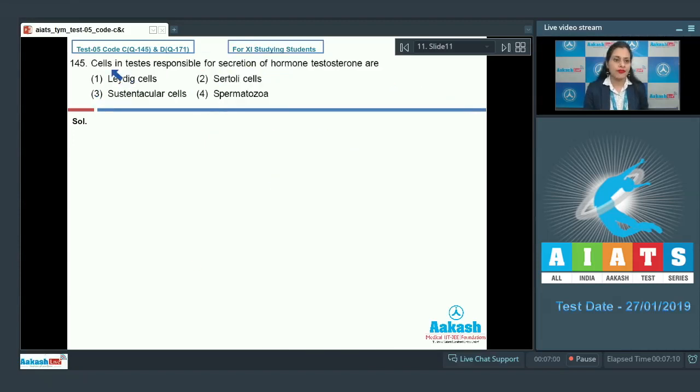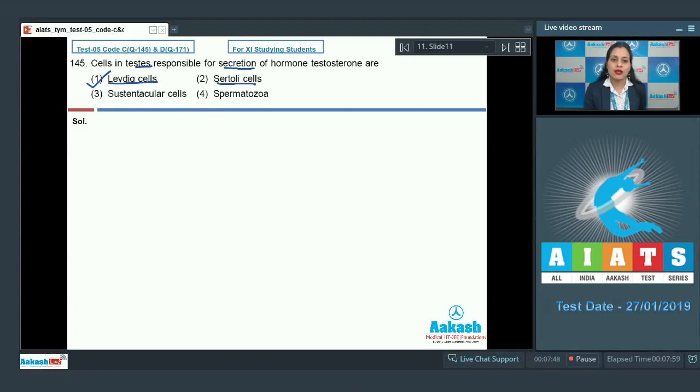Question number 145. Cells in testes responsible for secretion of hormone testosterone are, and the options are Leydig cells, Sertoli cells, sustentacular cells and spermatozoa. The correct answer to this question is option number 1. Leydig cells is a correct option because these cells in testes are responsible for secretion of hormone testosterone. Let's discuss other options also.